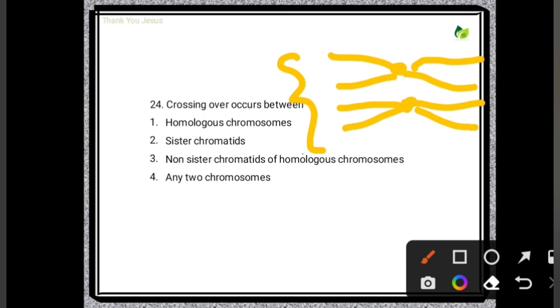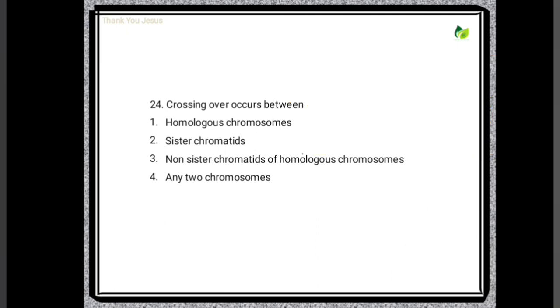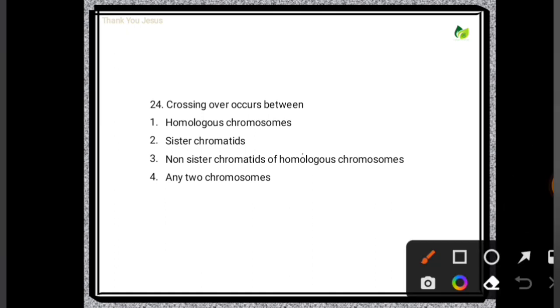Okay, so they are always in pairs. You should remember, these two chromatids are called sister chromatids. Okay, these two are called sister chromatids. But you have to remember, one chromatid from one chromosome and another chromatid from the other chromosome are called non-sister chromatids. So I will explain in detail. Have a look.